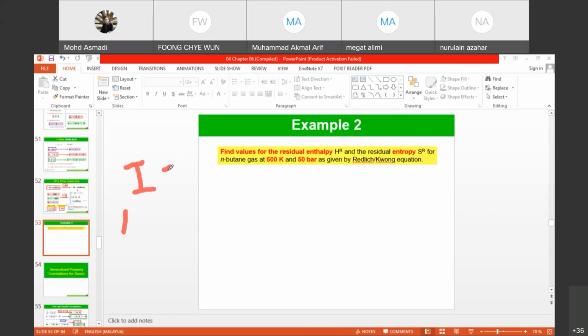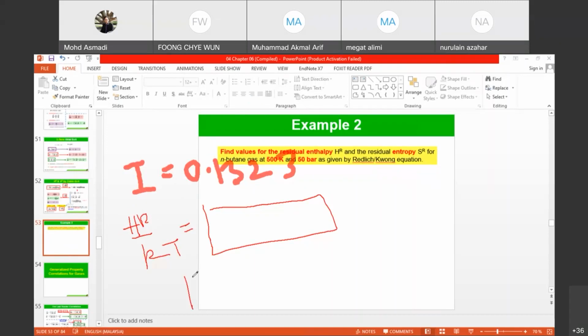Okay, 0.1323. HR over RT. What is the answer?